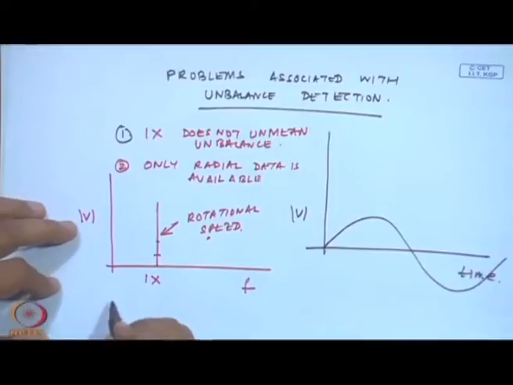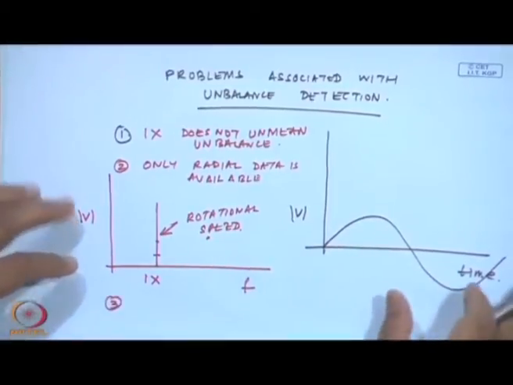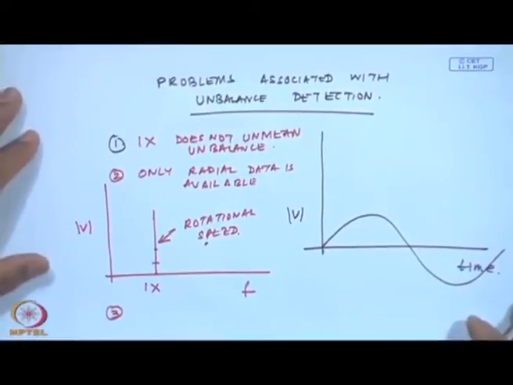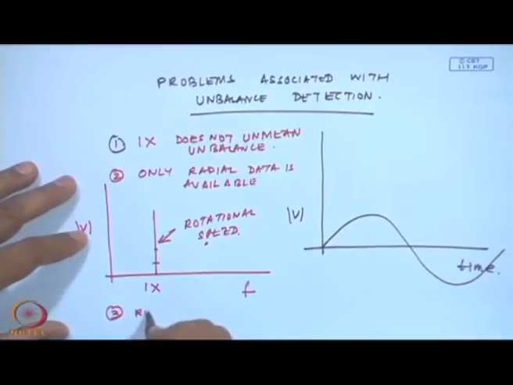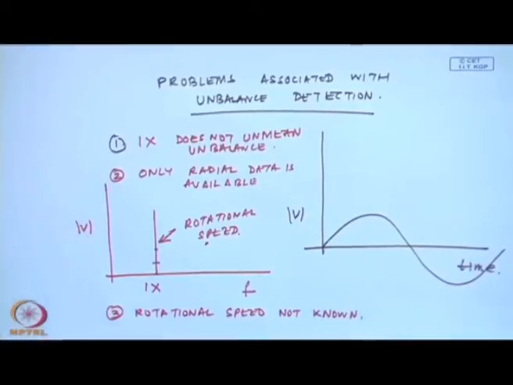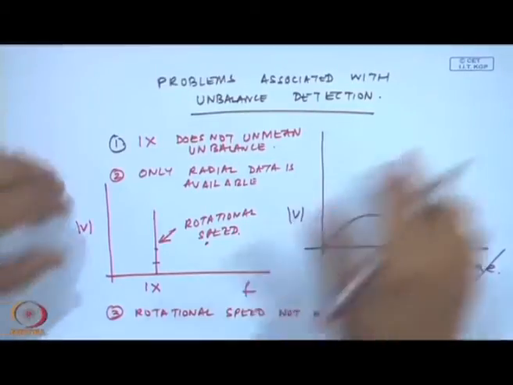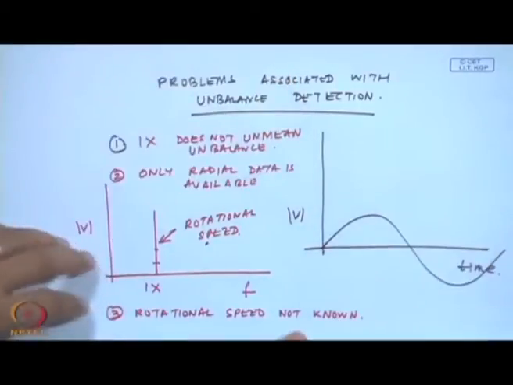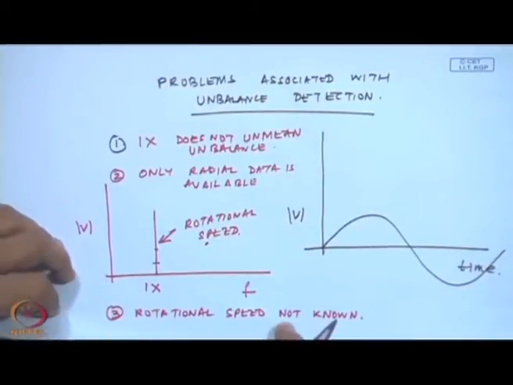Number 3, which is common to any machine, is that the rotational speed is not known. For a simple rotor system, wherein we can measure the rotational speed of the shaft, it is not a problem.